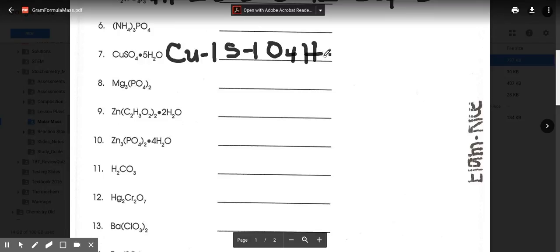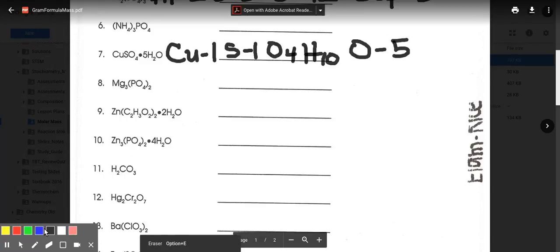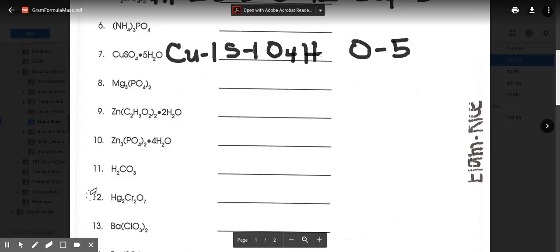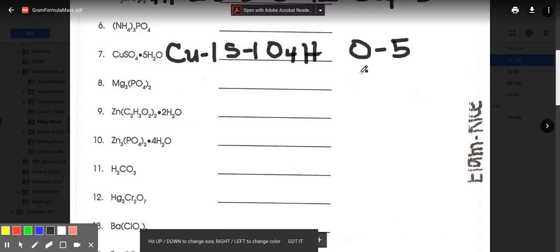However, when we break it down, you have 10 hydrogens because 5 times 2 is 10. And the same thing as you learned before, you have 5 oxygens, so 5 times 1 is 5. And let me go back and make a correction. I want to erase this 10 as a subscript. I did not mean to write that as a subscript, so let me fix that. So you have 10 hydrogens.